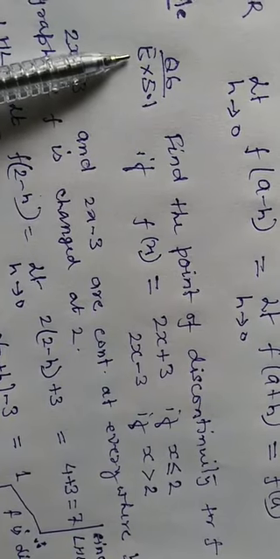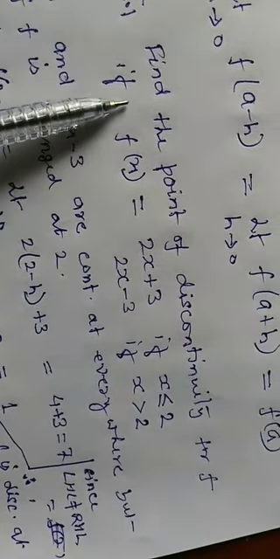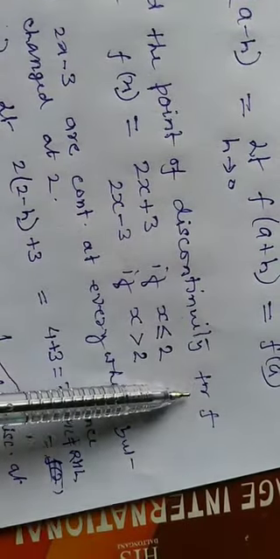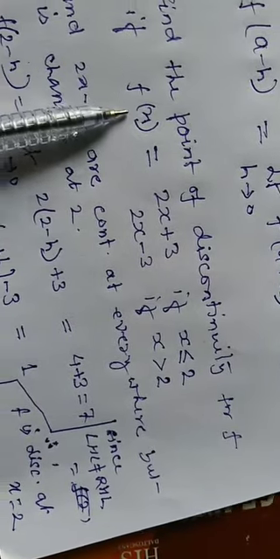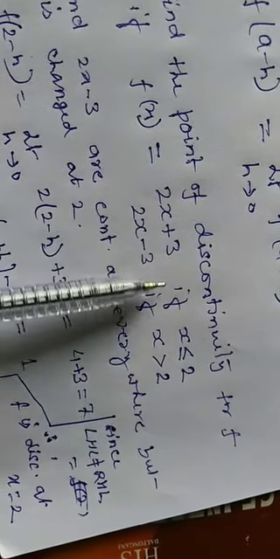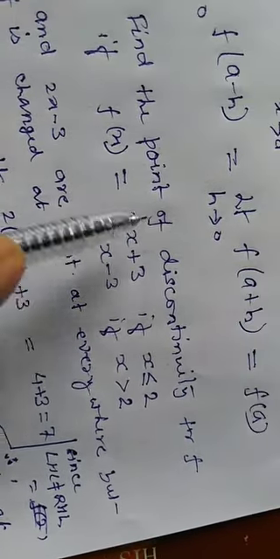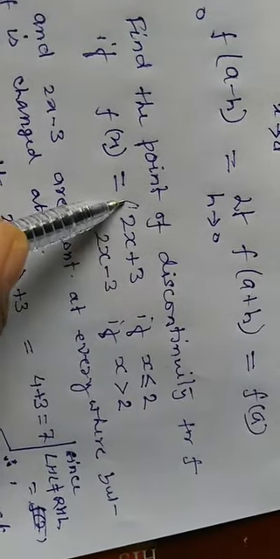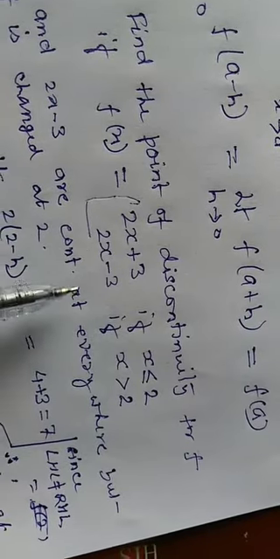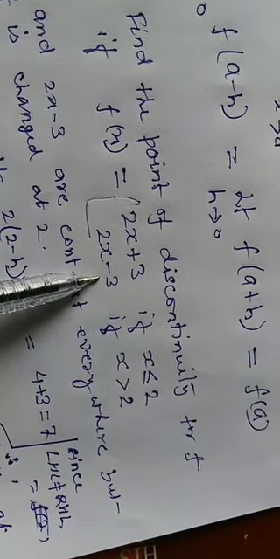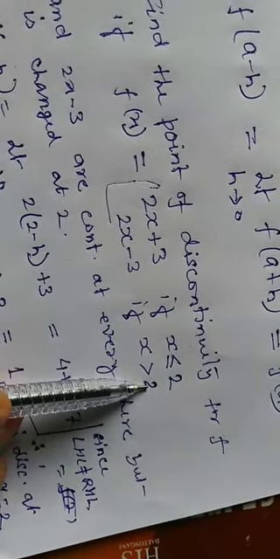Question number 6, exercise 5.1. Find the point of discontinuity for f where f(x) is equal to 2x plus 3 if x is less than 2, and 2x minus 3 if x is greater than 2.